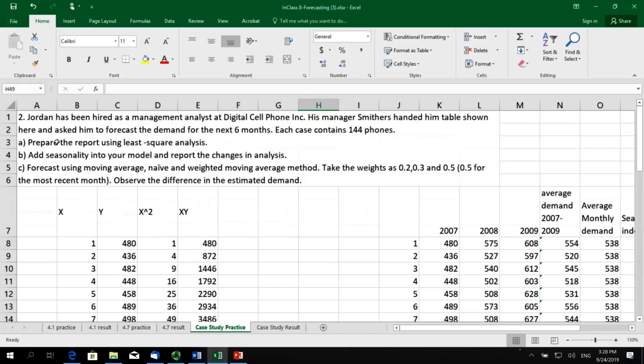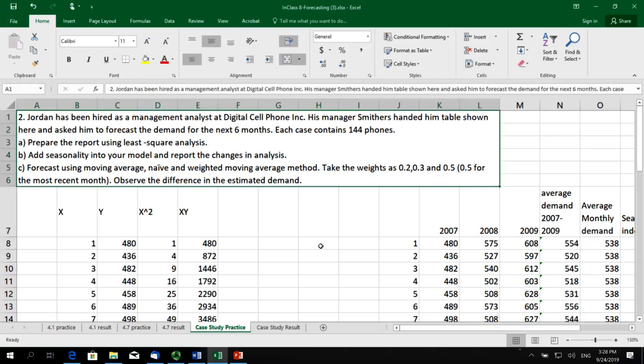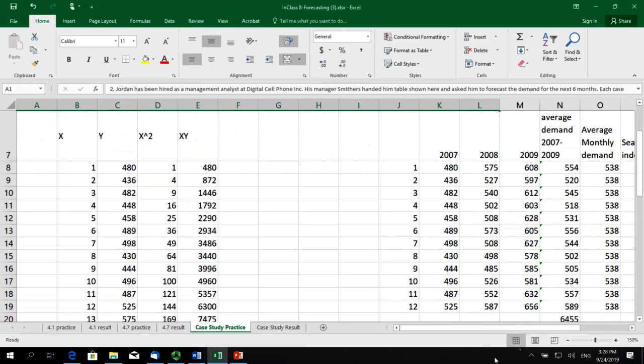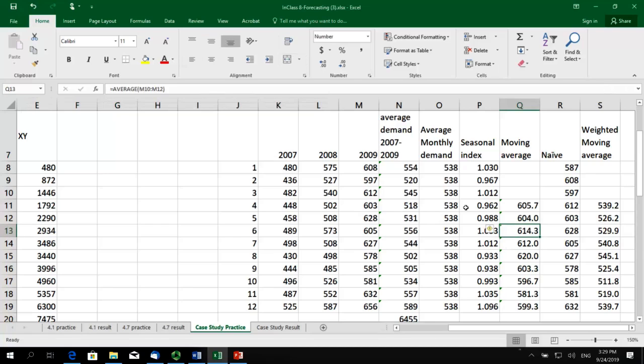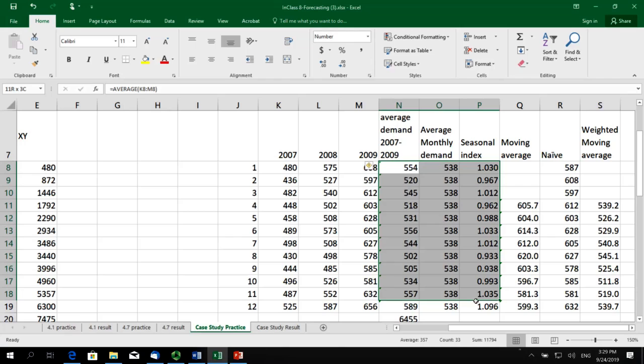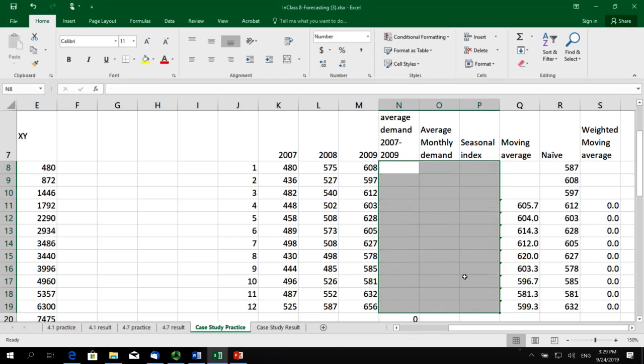So this is the first one. Prepare the report using least square analysis. Now we have the least square analysis model. Add the seasonal variation to your model. So now we need to do this part.